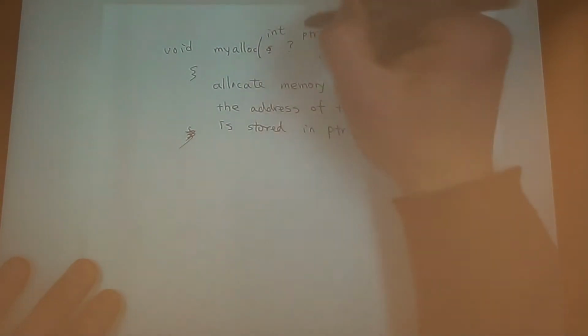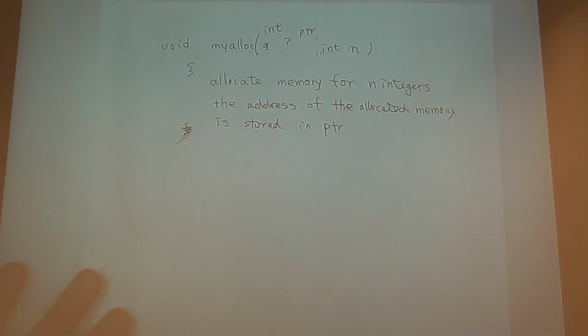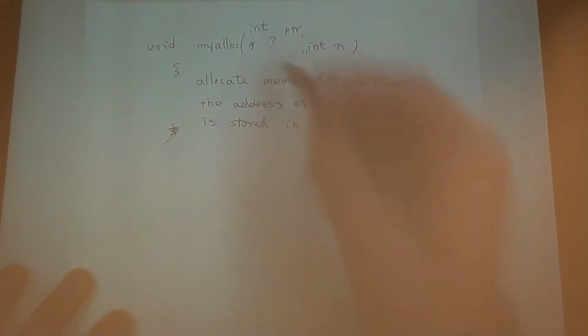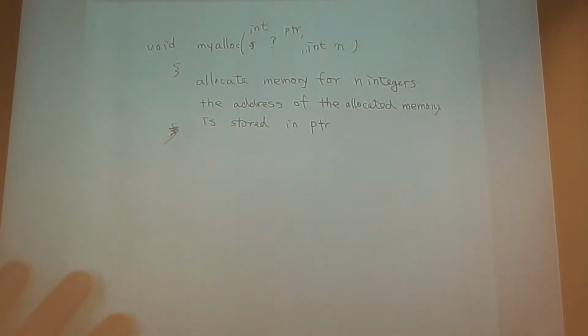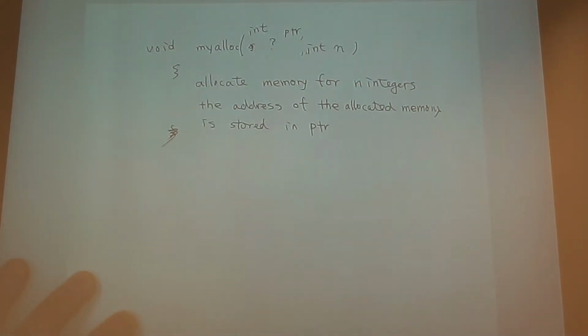My question is, what is the type of PTR? Let me say what the function does again. This function is going to allocate memory for n integers.